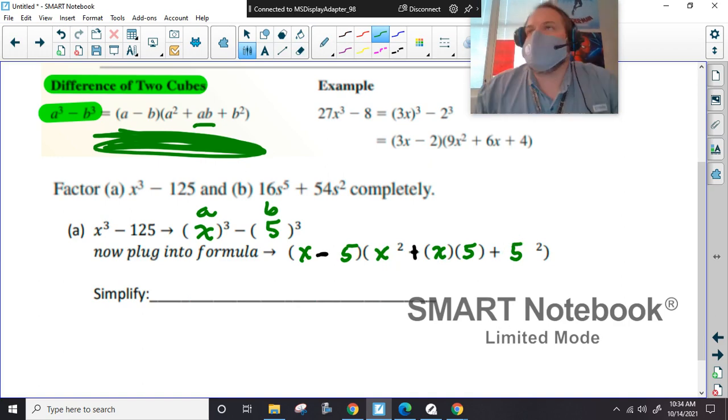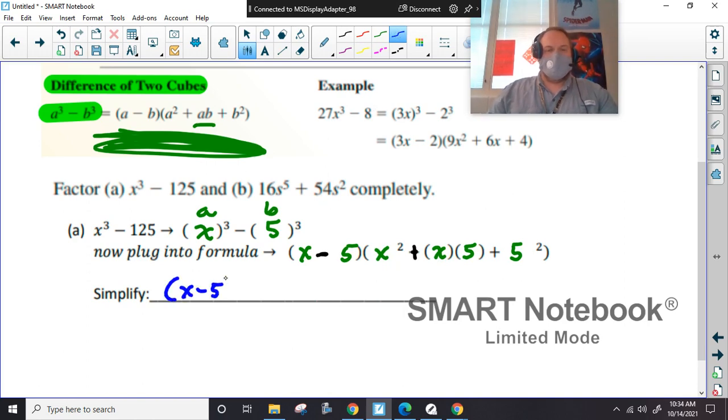Now from this, we just simplify. We leave the x minus 5 how it is, times x squared, which is just x squared, plus, what's 5 times x? 5x. What's 5 squared? 25.